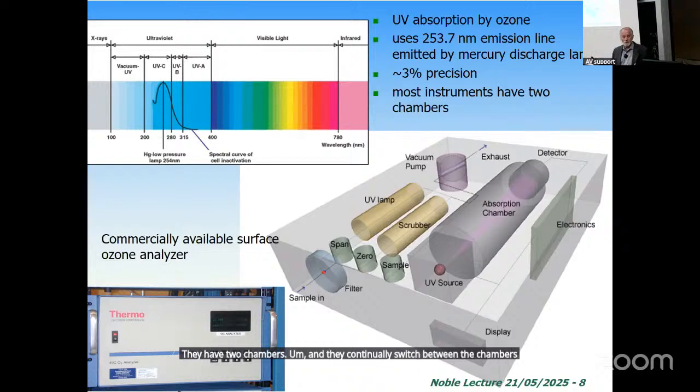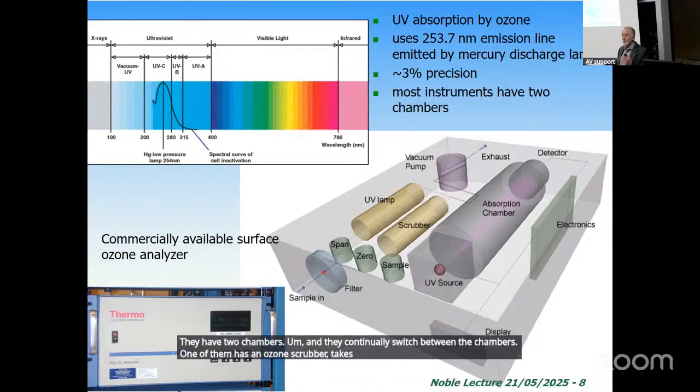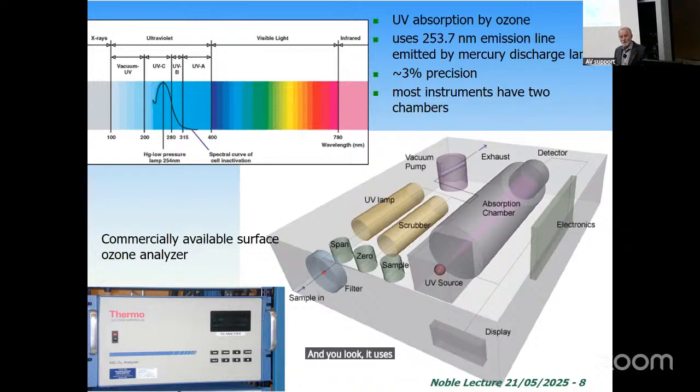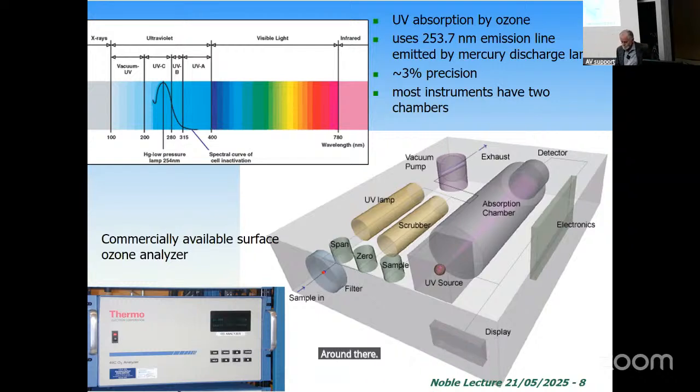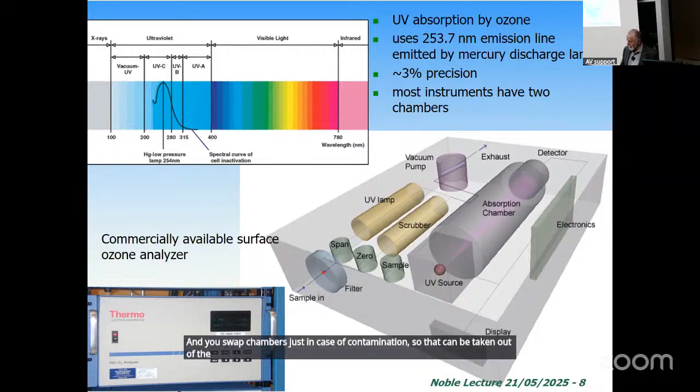One of them has an ozone scrubber that takes out all the ozone, and it uses a very strong line from a mercury lamp, one that's strongly absorbed by ozone, right around there, I think that's what this is showing. And so you have a differential absorption measurement, and you swap chambers just in case of contamination, so that can be taken out of the system.